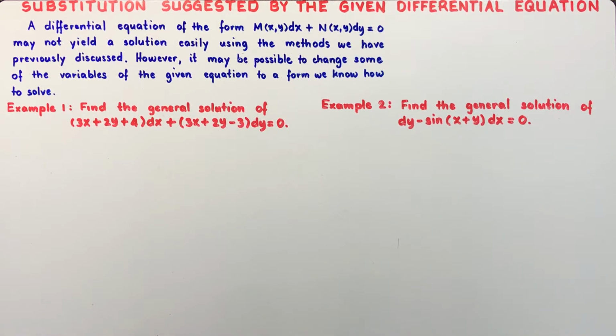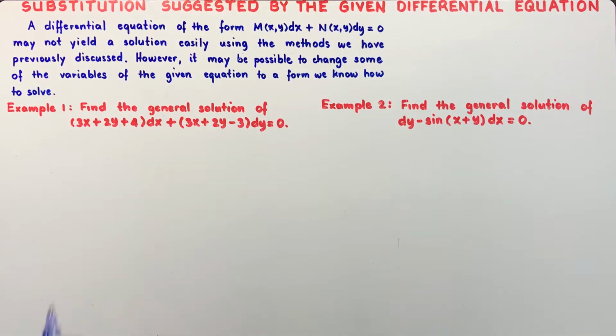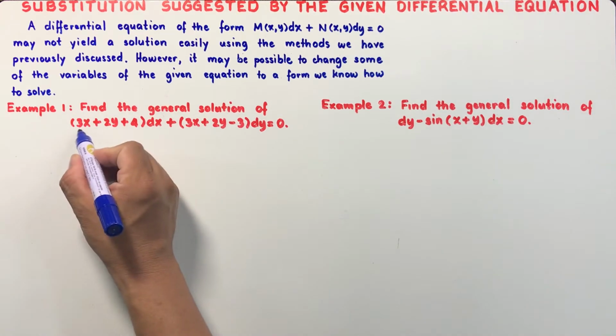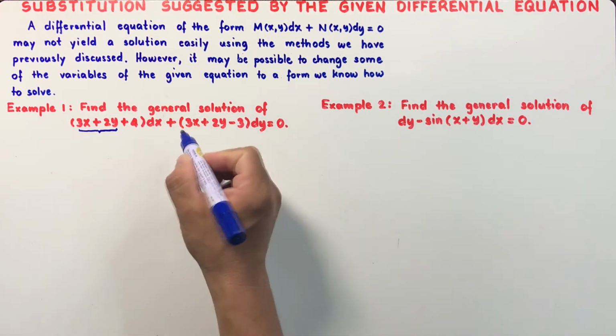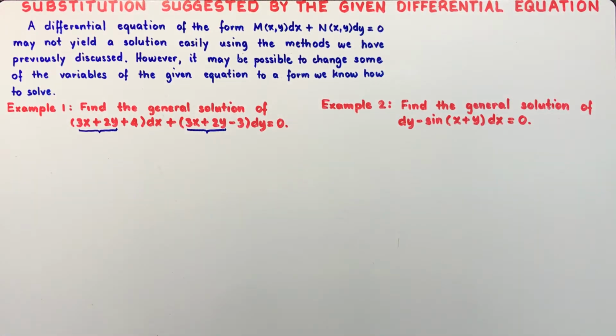Find the general solution of this differential equation. Looking at it, we notice that there are some terms that are similar to each other, like this 3x plus 2y here, and the same 3x plus 2y. So in this situation, we are given the hint of replacing these similar terms with one variable.